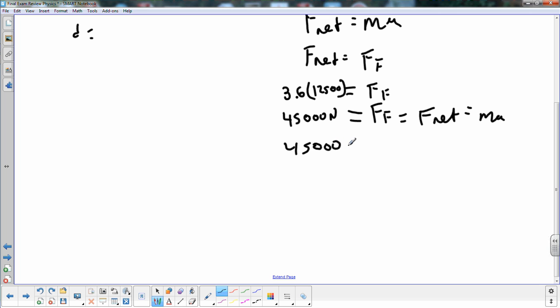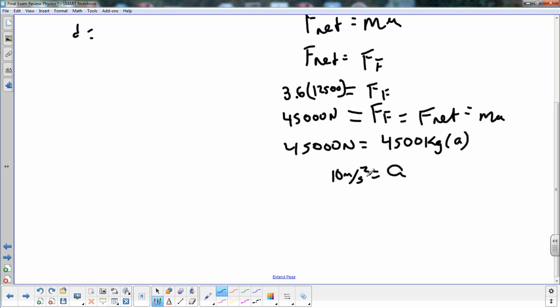Going through, 45,000, so that's a happy coincidence that you get 10. Also, it's friction, so we're dealing with a negative, which means that acceleration is a negative 10 meters per second squared.